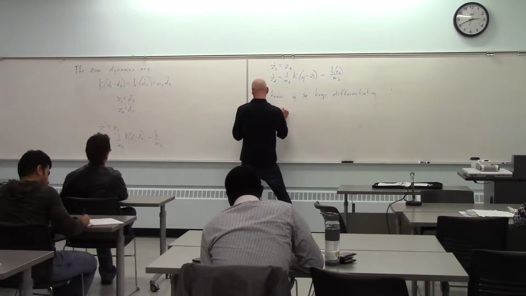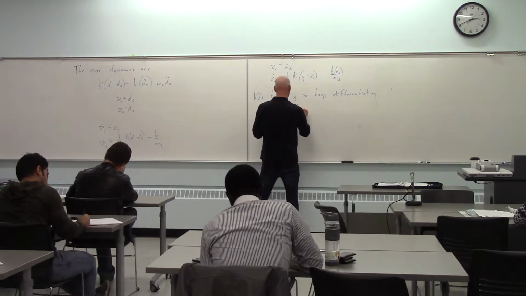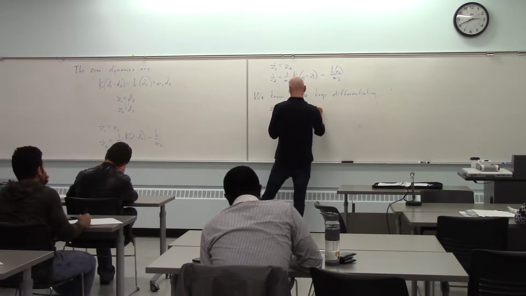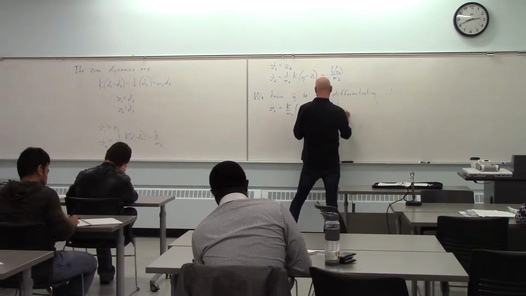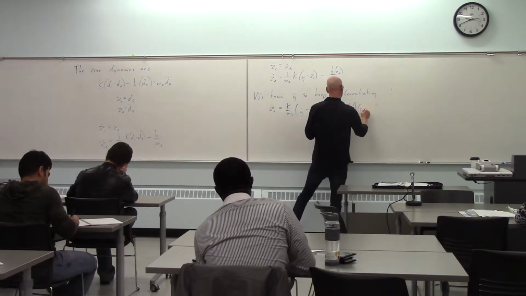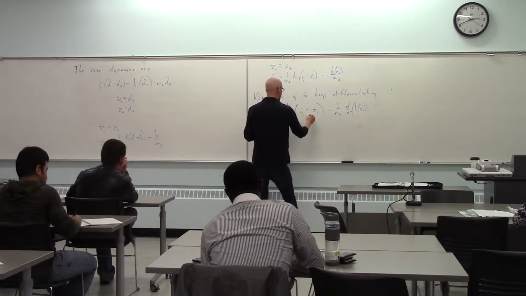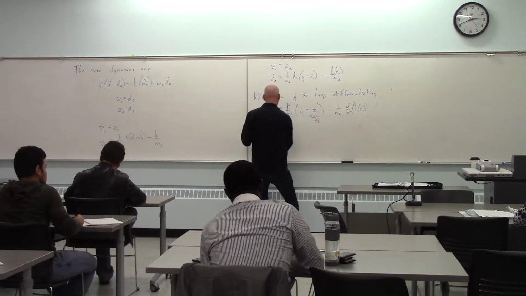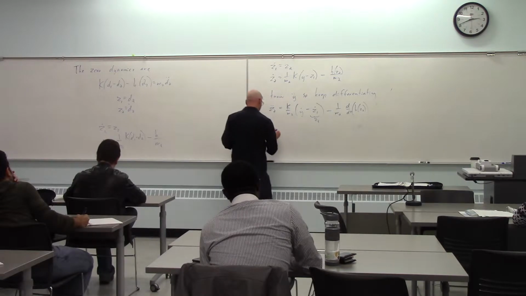Z2 double dot is equal to K over M2 times (Y dot minus Z1 dot), minus 1 over M2 d by dt of B of Z2. And Z1 dot is just Z2. So Z2 triple dot, I guess you really shouldn't write triple dot.